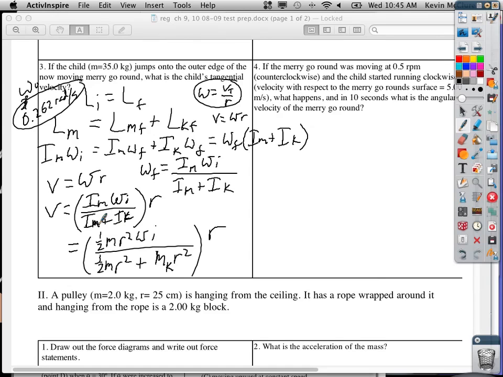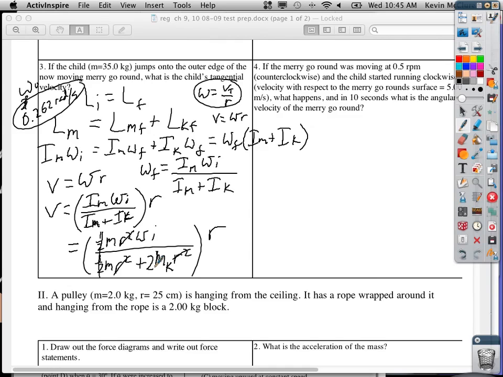So now you can plug everything in and get an answer. Oh, look, can I cancel all these r squareds? To make my life easy, I'll do that, and put a 2 there. So the mass is 150 times omega, which is 0.262, divided by the mass, which is 150, plus 2 times the kid.